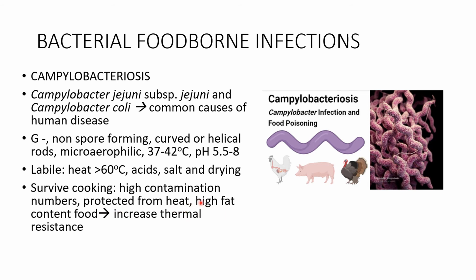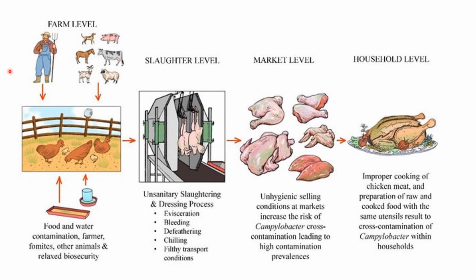For example, they are able to contaminate high-fat foods, which increases their thermal resistance. Again, according to this figure, there are several pathways by which Campylobacter may find its way to the food that you eat.